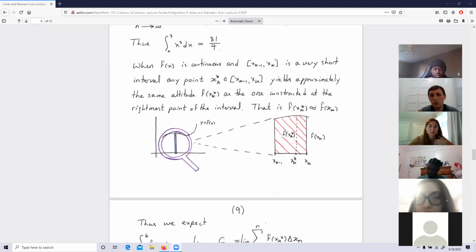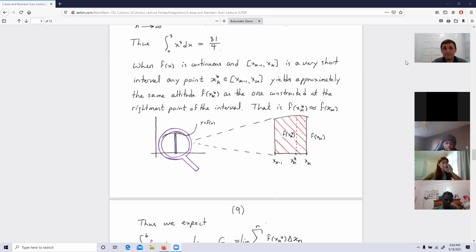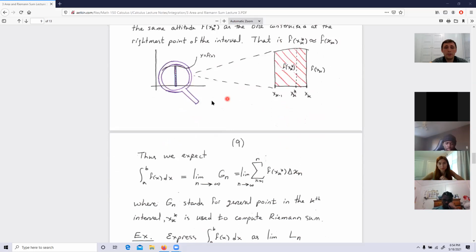Now let's try to understand some properties of the integral. Look at it. If a function is continuous, you see here I zoomed in on one of those rectangles. Within a short interval segment, all the lengths are essentially the same.